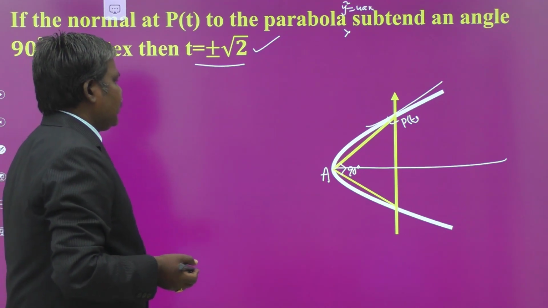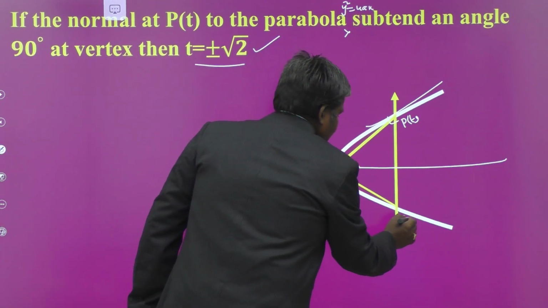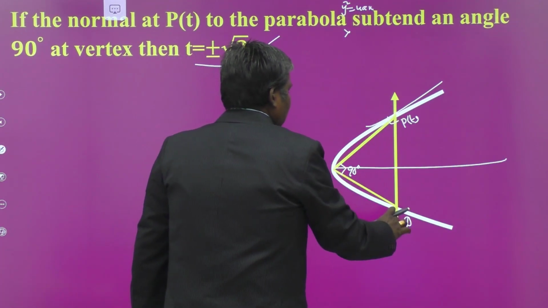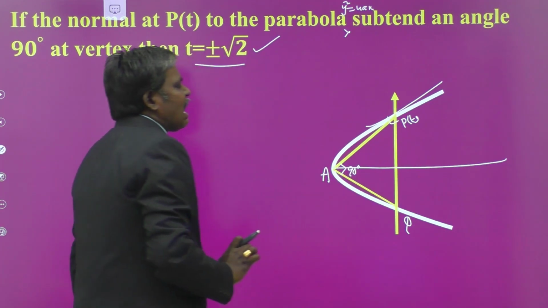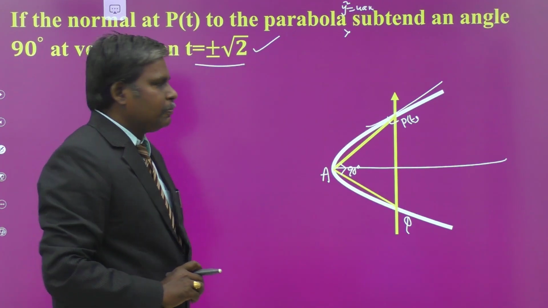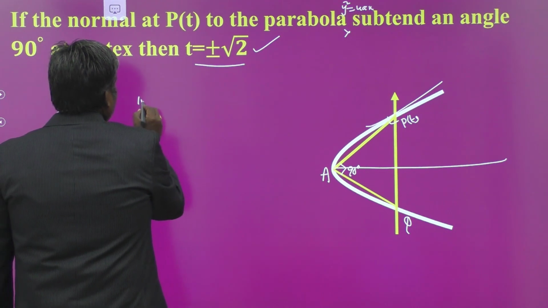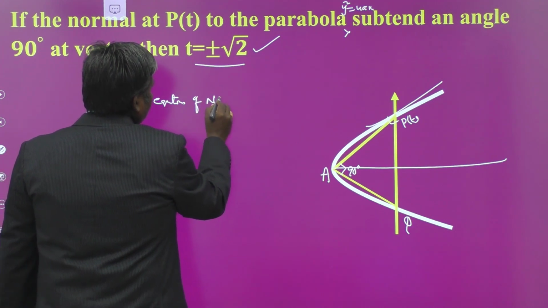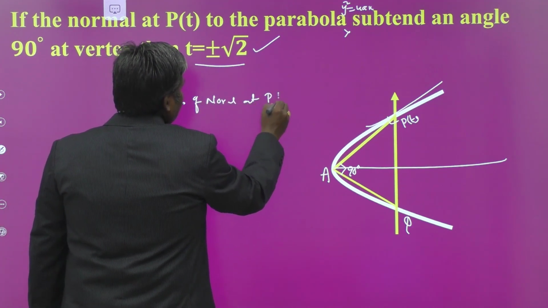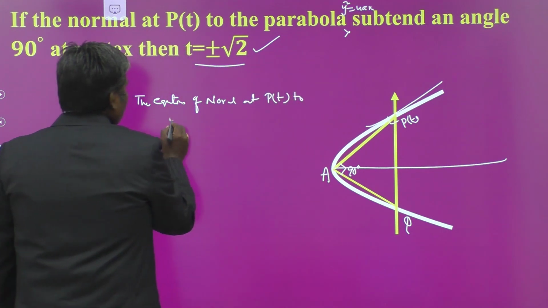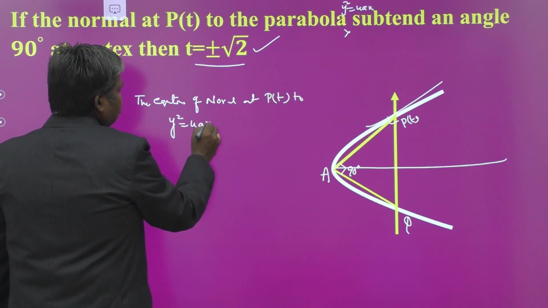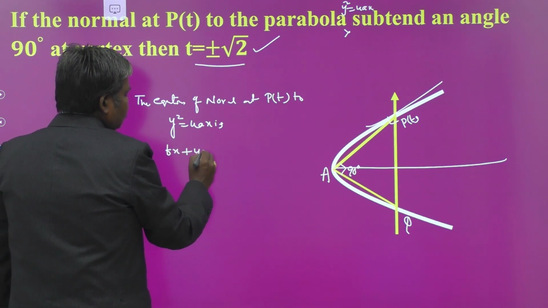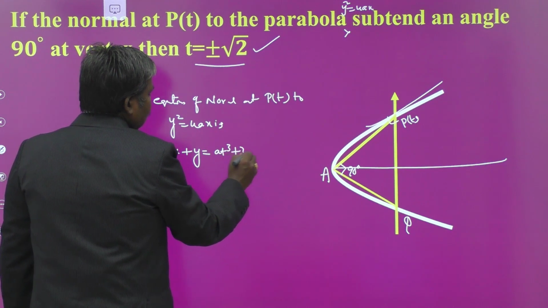How to prove this one? It is very simple for you. We first write the normal at P of t to the parabola, and that intersects the parabola at Q, say, then PQ is a normal chord to the parabola. The equation of normal at P of t to y square equal to 4ax is what, my dears? tx plus y is equals to 2at plus at cube.